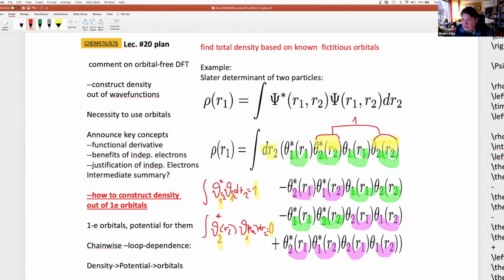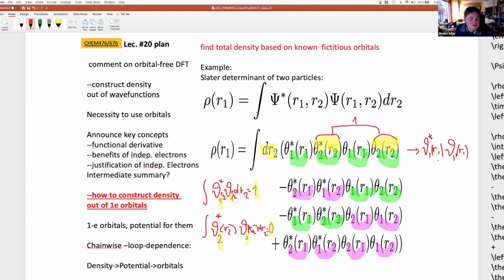So the first line will be converted into the product of the remaining things, theta 1 star R1, theta 1 R1. So here we got rid of R2.